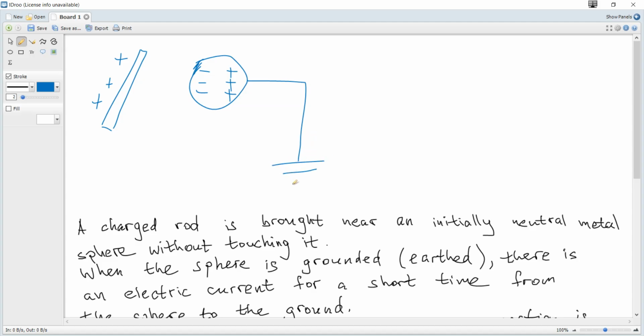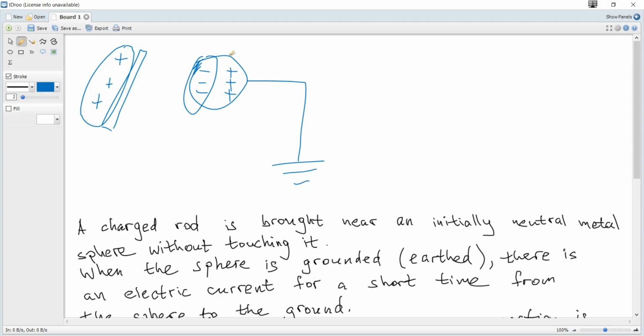And the Earth is like an unlimited source of electrons, so that electrons can move freely to the Earth or from the Earth, and all these minuses are like trapped, or they are attracted or kept by these pluses.